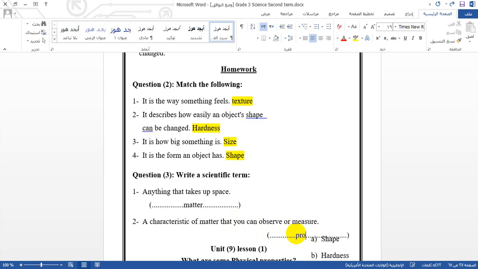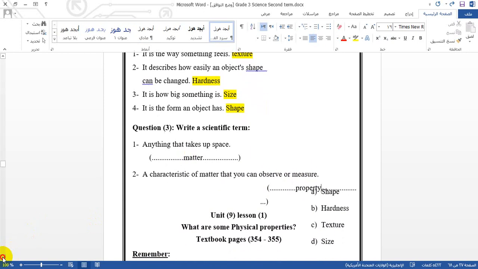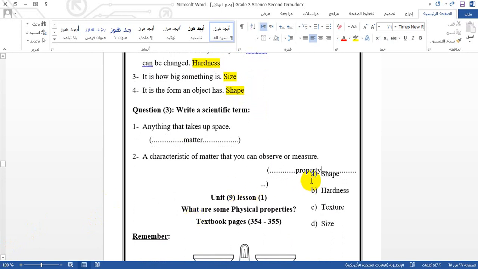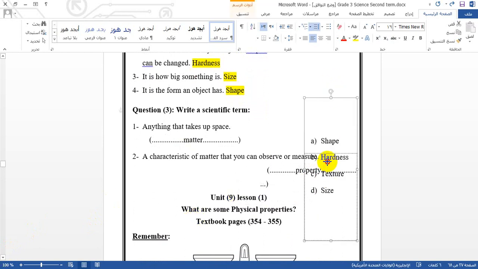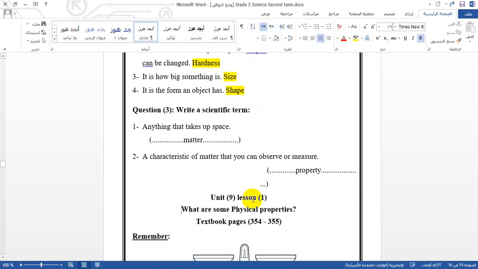Sorry, it's not clear here what's happening exactly. No problem, guys. So it's the property. I know what's happening now. We should move this one up or down or delete it, no problem. Let's go now to the next page.